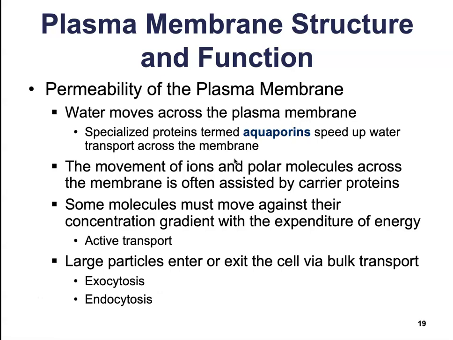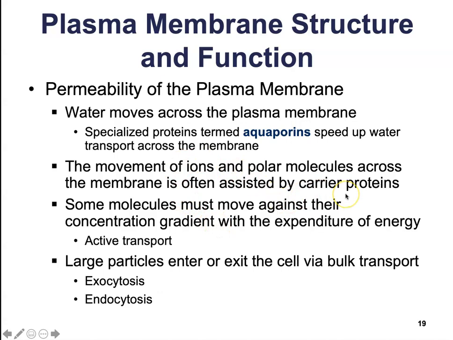Water technically could diffuse across the plasma membrane, but it wouldn't be able to do it at a fast enough or high enough rate for cells to maintain function. So water moves through the membrane through aquaporins. You should remember that. It says to speed up water transport.